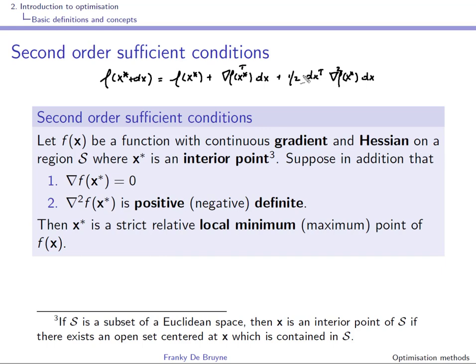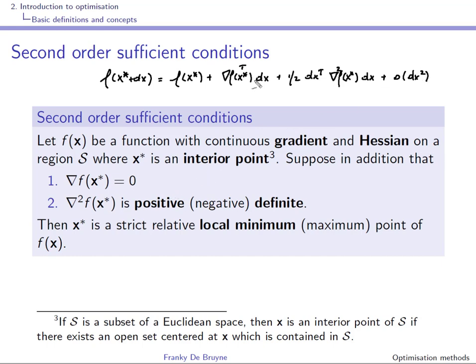So this again will be a scalar, and then we have to take into account the higher order derivatives that we neglect, right? If dx is small, this will give you only a very small contribution, right?